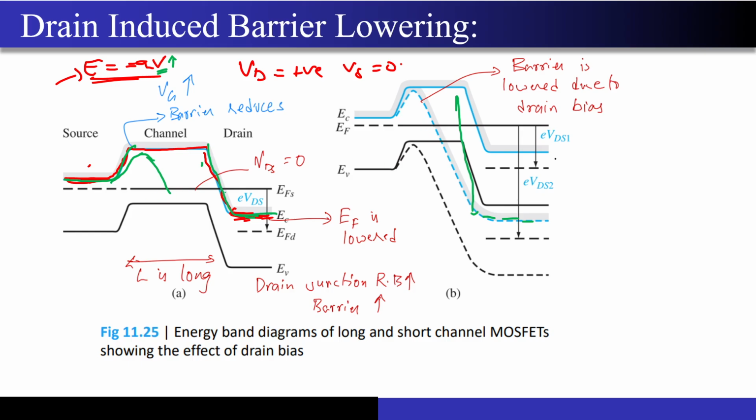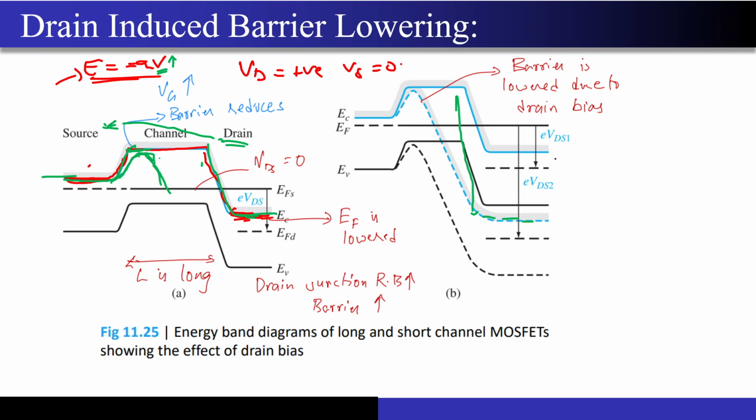So because the drain will have some effect on the source, and since the drain is at a much lower energy compared to the source, it will try to bring the energy of the source lower. I mean the level in this energy band diagram I am talking about, okay? So this barrier that you are seeing over here will start to get narrower, correct?